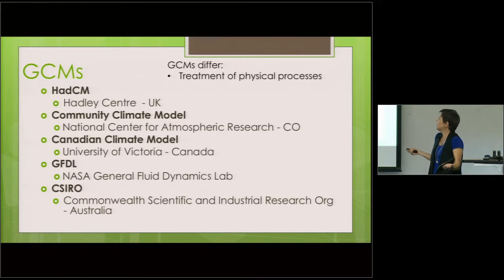So here's just some examples of the sort of most common models. There's one out of the UK. There's one done in Colorado, Canada. NASA does one. Australia does one. So these are common institutions that do the GCMs, or global climate models. And again, they differ in how they treat the interactions and the various processes.